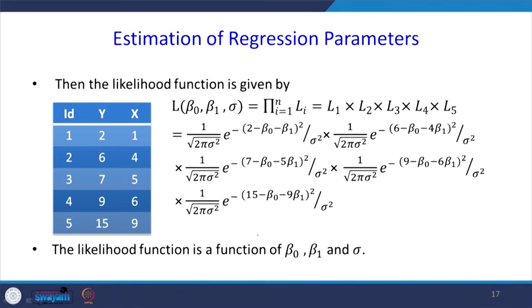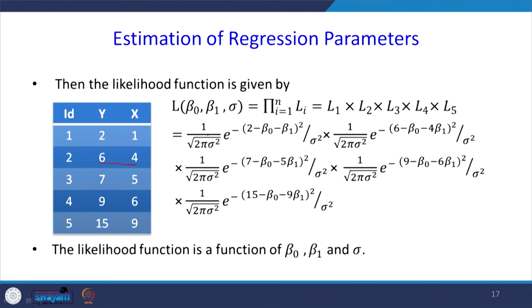We will go to the next one. In the previous slide we worked only with these values. Now, we will expand that function for all the data. The product goes from i equals 1 to n, L1, L2, L3 up to L5.